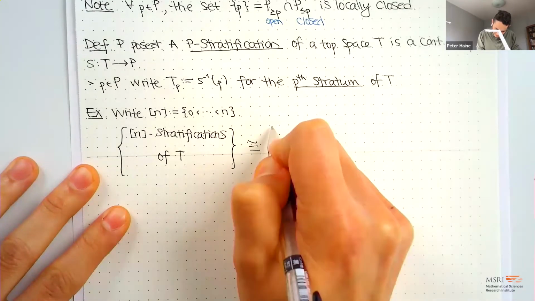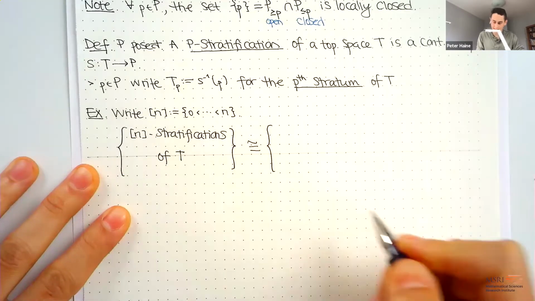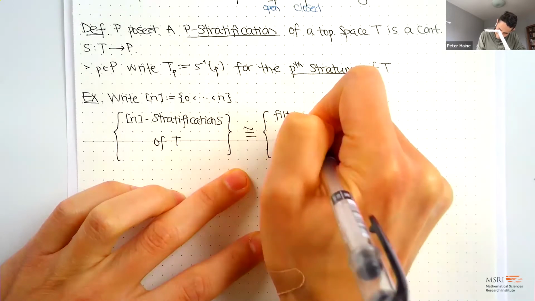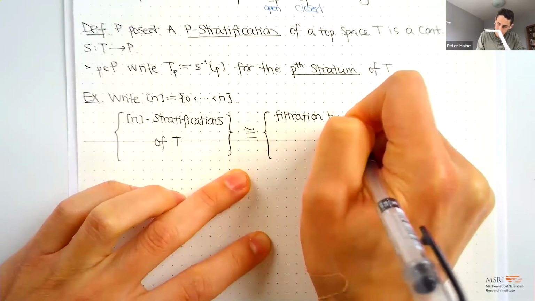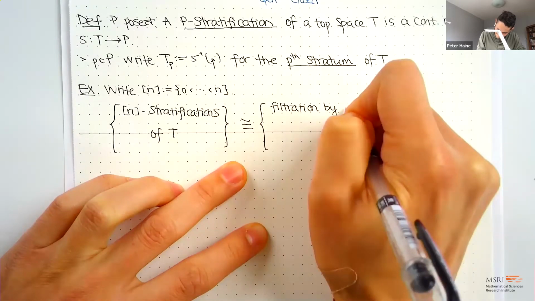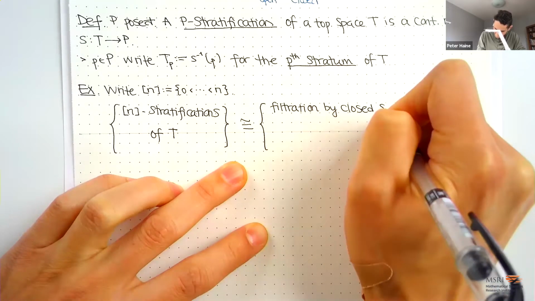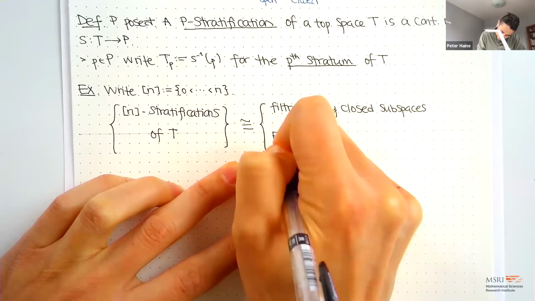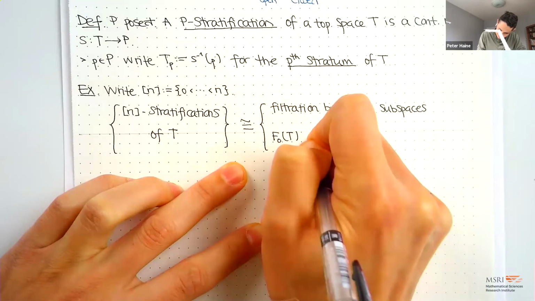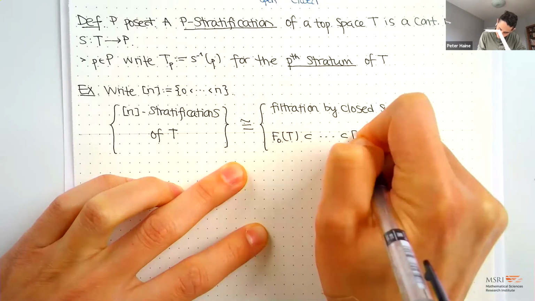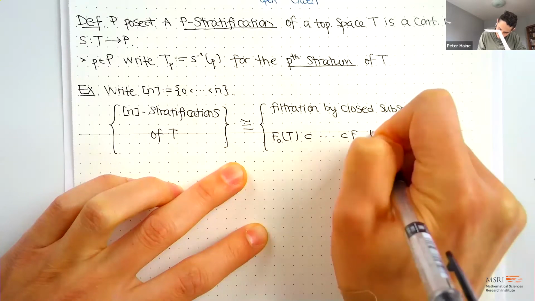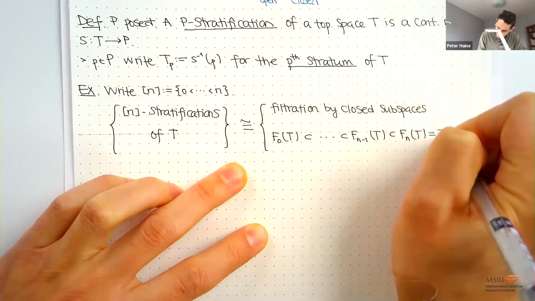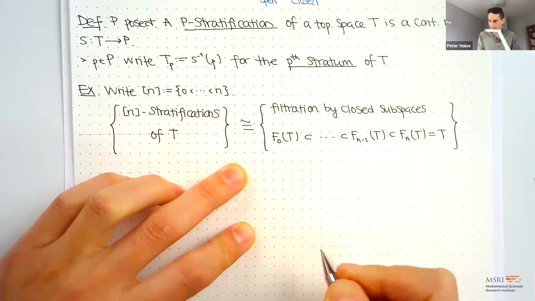A stratification by [n] of T is exactly the same thing as a filtration by closed subspaces, let's call it F_0(T) inside bigger guys, inside F_1(T), up to F_n(T), which is going to be equal to T. And how does this work?